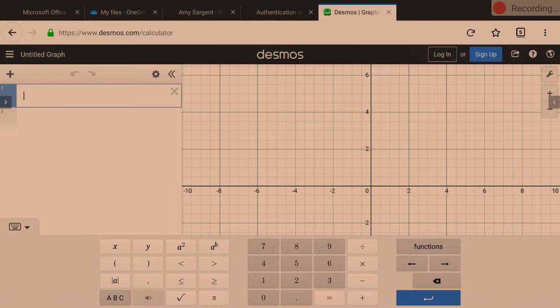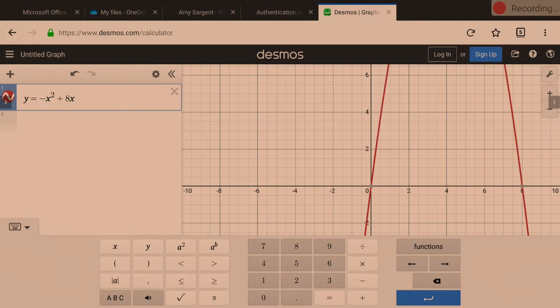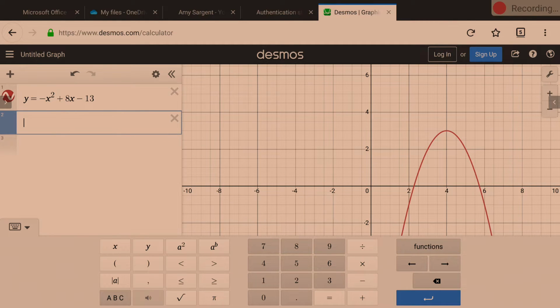Type in y equals negative x squared plus 8x minus 13. Enter. Does your parabola look like my parabola?